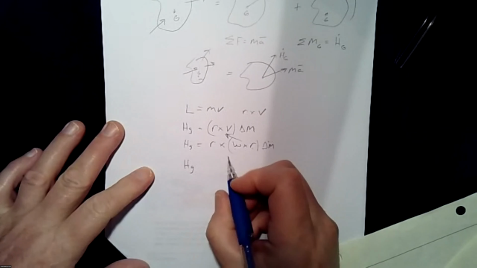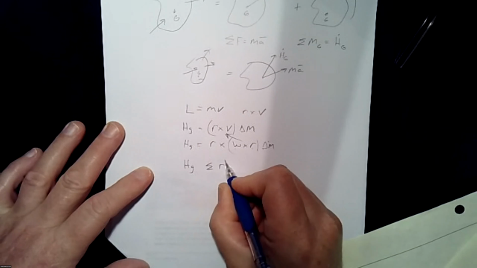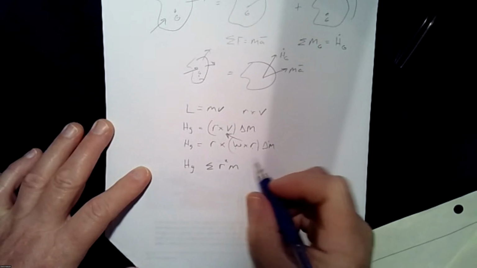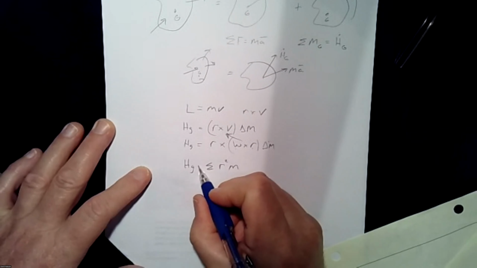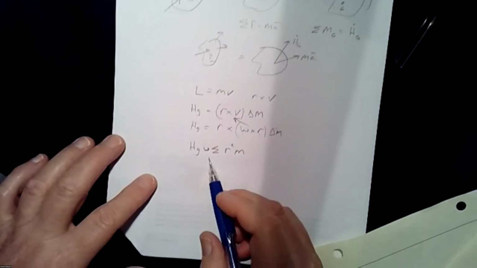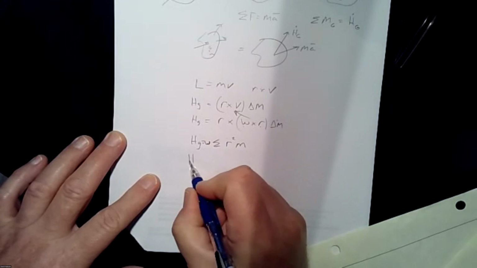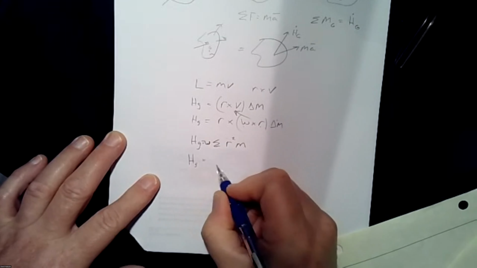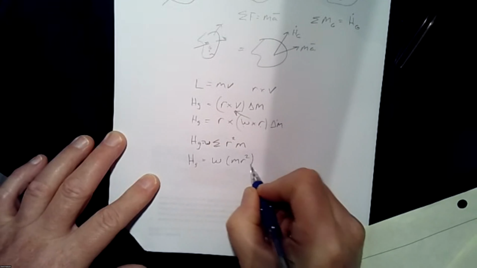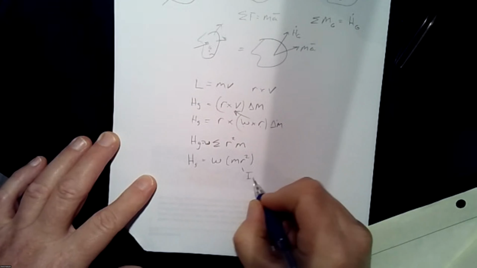So it's essentially the sum of the r squared m's, and we pulled omega out because omega is a constant. So H about G equals omega times the sum of m r squared. So what is that? That's I.